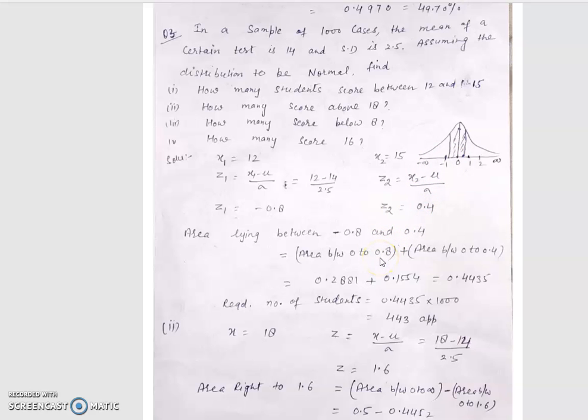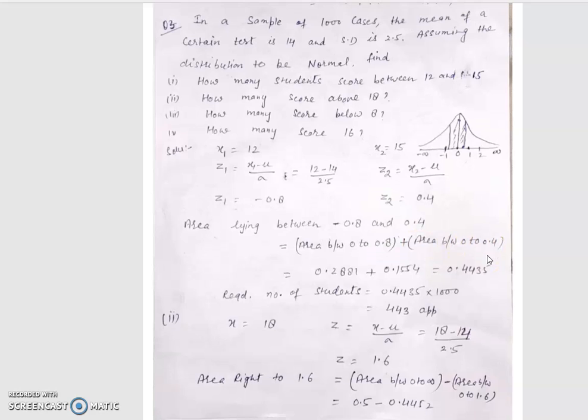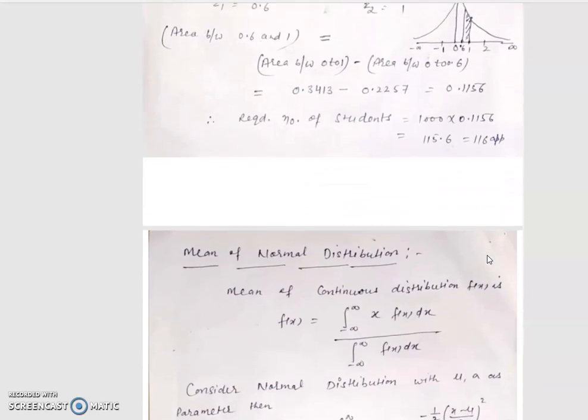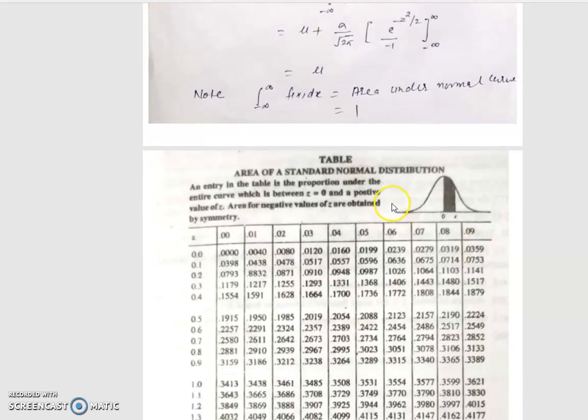Now, in the normal distribution table, you have to see the values of z from 0 to 0.8 and 0 to 0.4.